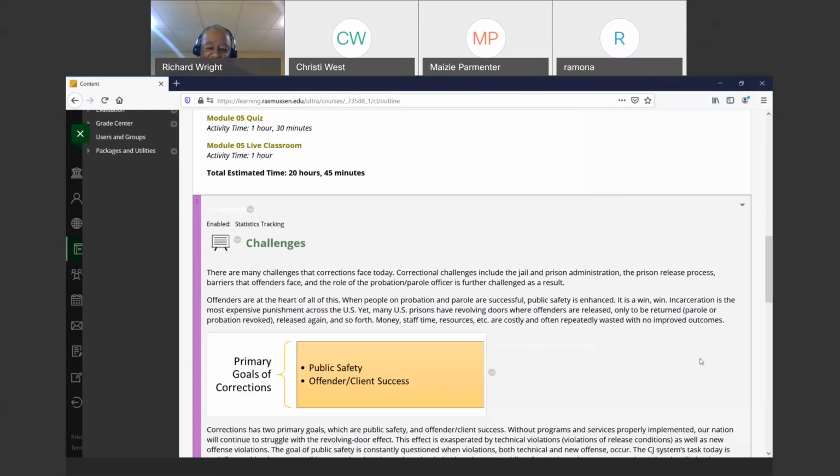And it says incarceration is the most expensive punishment. As I oftentimes have reminded my students, it is less expensive to educate than to incarcerate, because you have to house that person and provide the needs for that person.